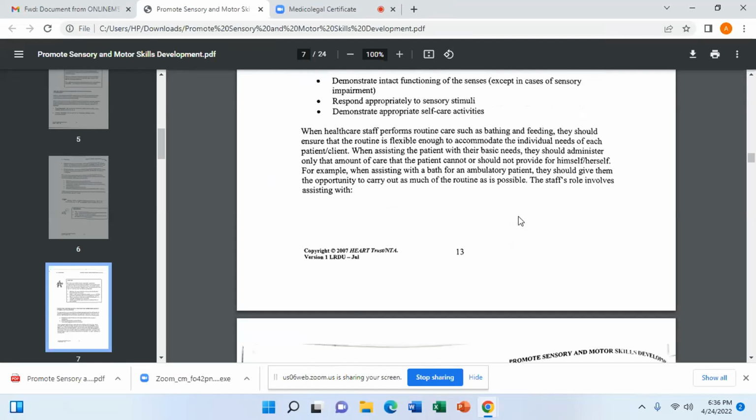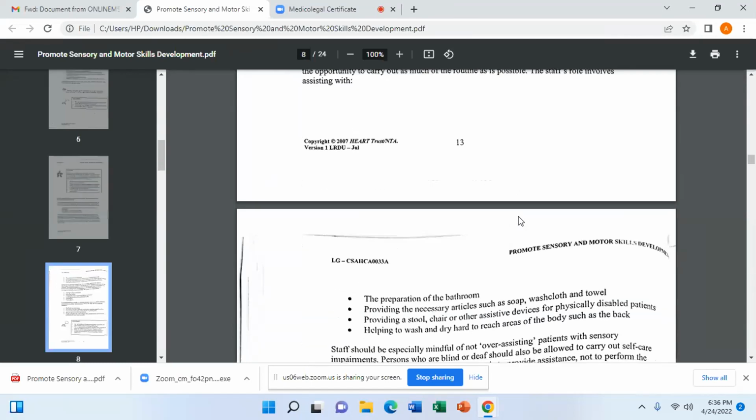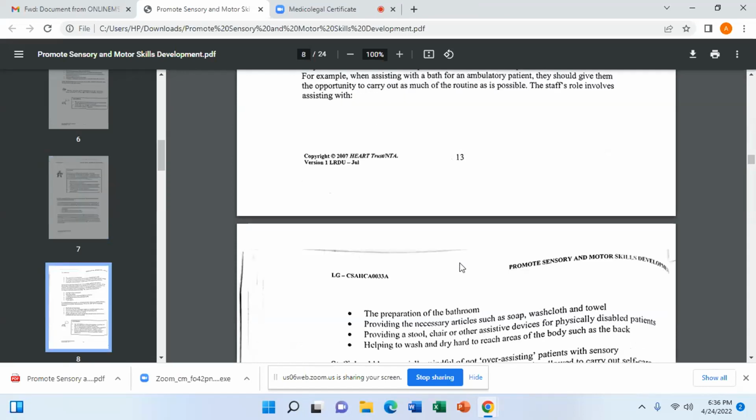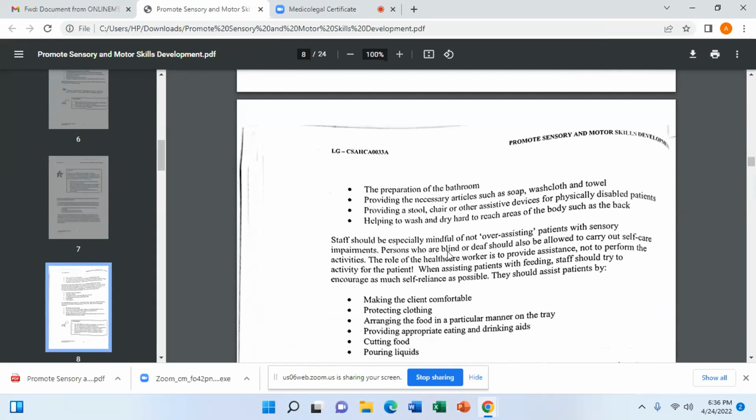So it's not that you're going to give them more than what they need, right? So if you're going there to bathe somebody, don't bathe them and then do something else with them, like play a game or read a book for them. If you're bathing them, you just bathe them and then allow them to try and find ways on their own to help themselves, right?